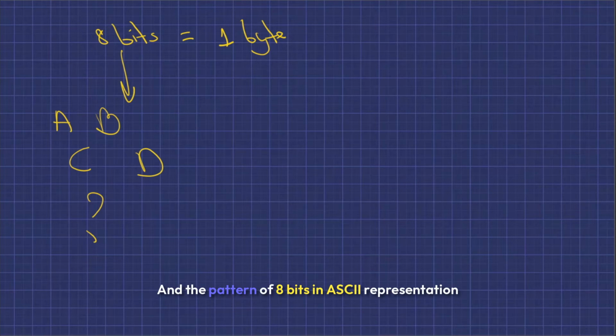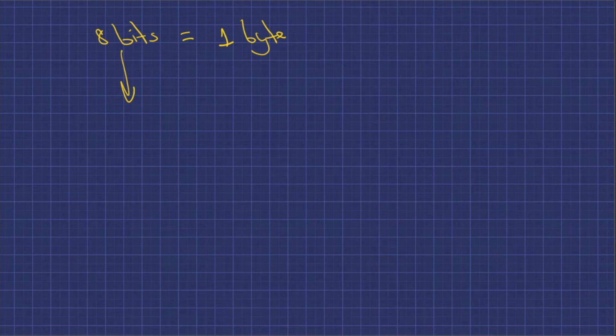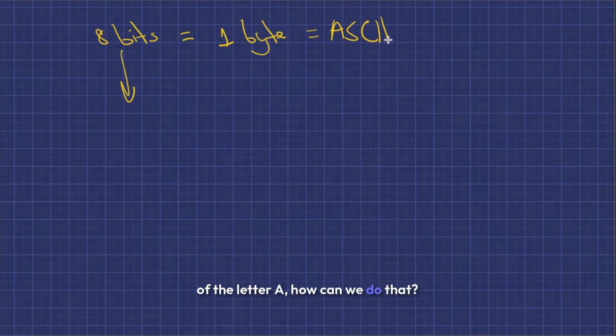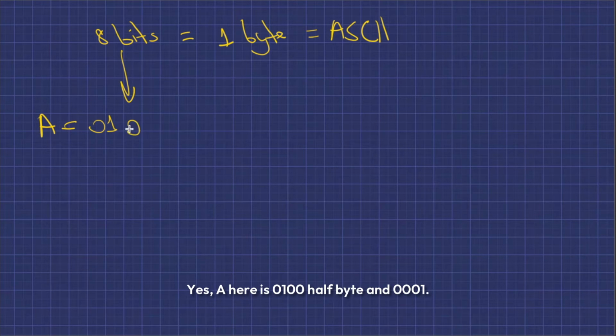And the pattern of 8 bits in ASCII representation of the letter A, how can we do that? A here is 0, 1, 0, 0, half byte, and 0, 0, 0, 1.